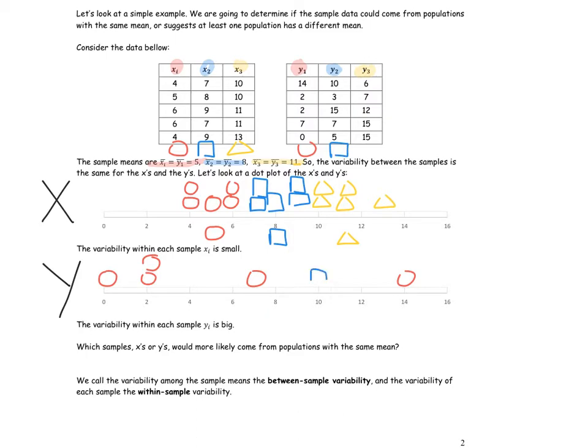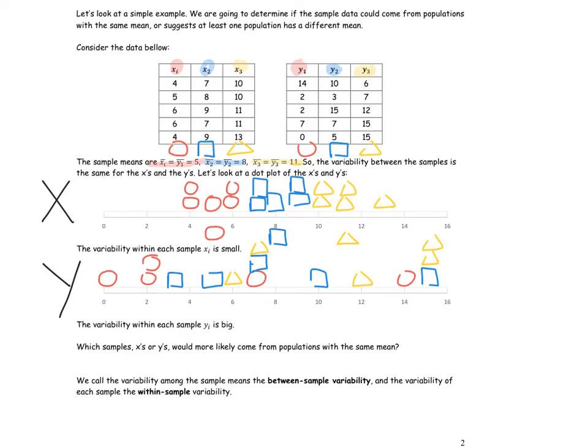A 10, a 3, 15, 7, 5. It would be better if I was doing all the shapes the same size, but I'm doing my best. All right, finally, Y3 is yellow triangle. 6, 7, 12, 15, 15. All right, and I forgot to do the means at the same time.